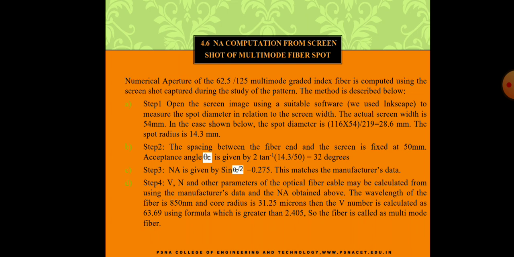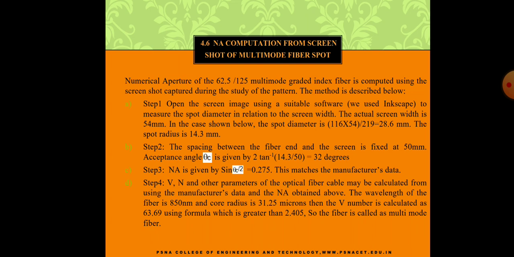Now we calculate the acceptance angle theta c using the same formula, only replacing the spot radius and the distance between the screen and the fiber end fixed at the mount of the detector unit. It is changed compared to the single mode: 14.3 divided by 50, which is equivalent to 32 degrees. Using that, we conclude the numerical aperture as sin theta c divided by 2, that is equivalent to 0.275.